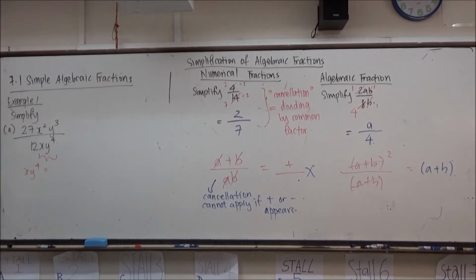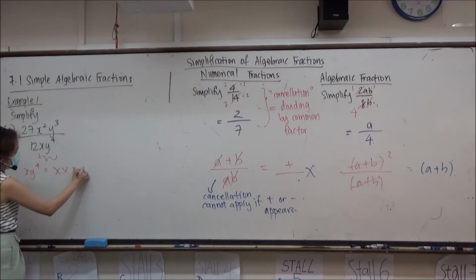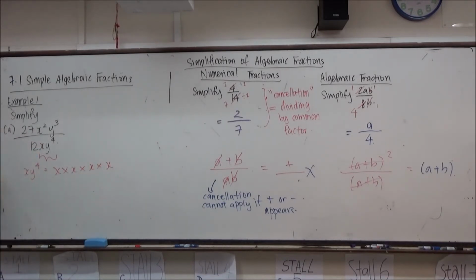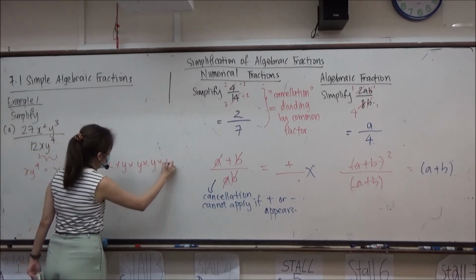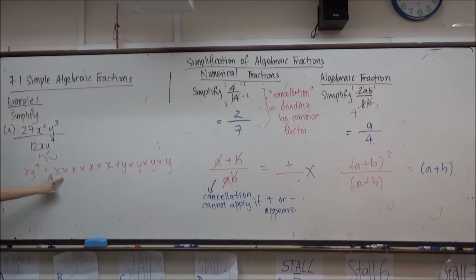it only means, how many x are there? Xy to the power of 4. There is this power of 4. Can you tell me, is there 1 x that should appear or 4 x that should appear? Is it x times x times x times x, and then after that times y times y times y times y? Are they equal? Yes? No? Who says yes, they are equal? Because y to the power of 4 is y times y times y times y, right?